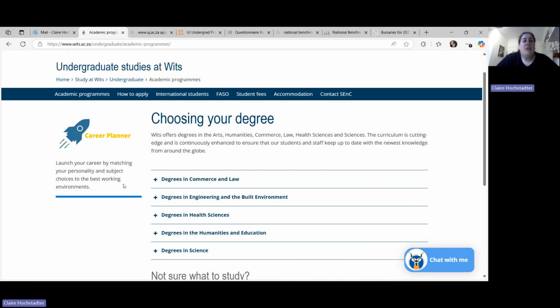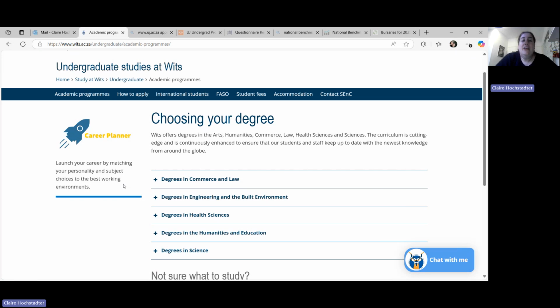Okay, so if you are considering WITS, you know your points and you know how to work them out. You now know how to see which of the courses are accessible to you based on your marks, as well as the detail of particular things that are covered within that course. Okay, so we are not looking at actually making the application at this stage.